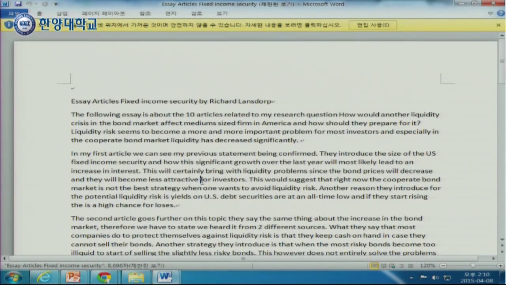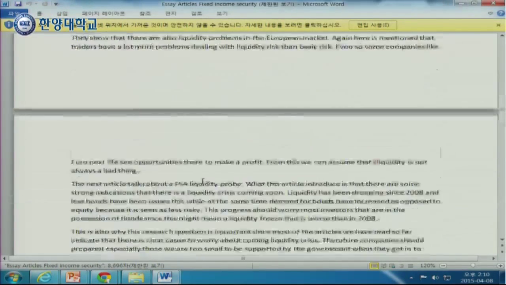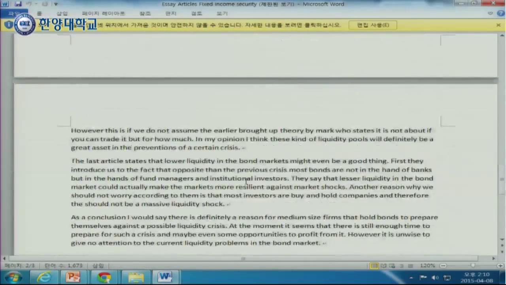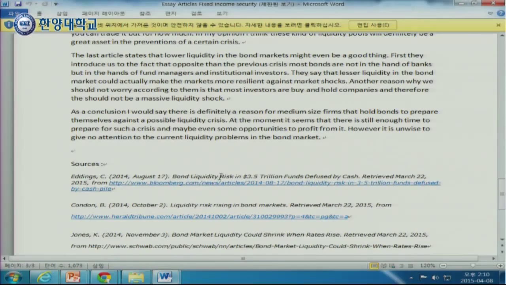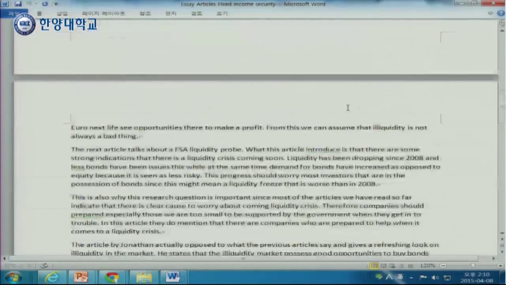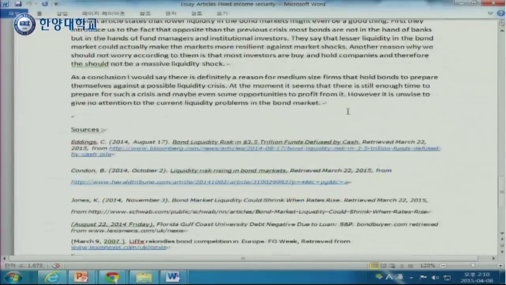It looks okay. But there is no citation, right? You have a source, but there is no citation in the body, right? No, I just chose sources because I based it on the articles. Okay.